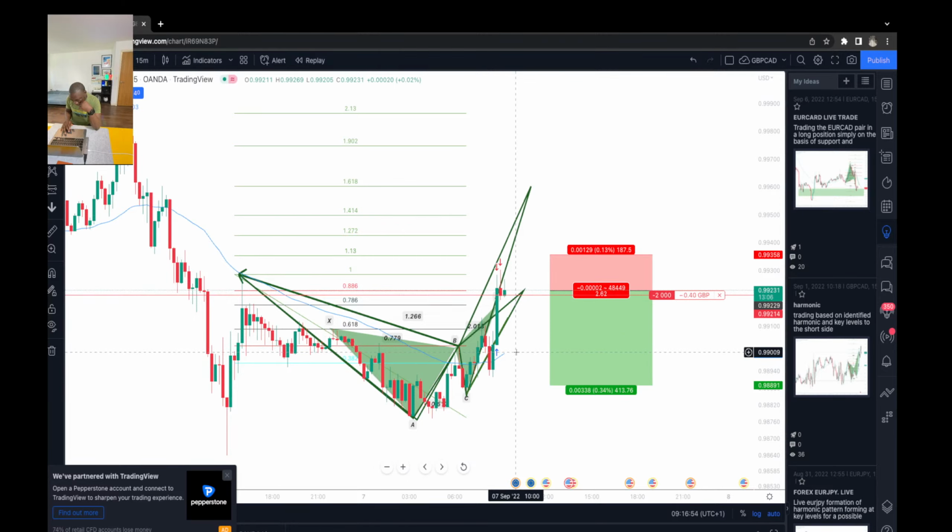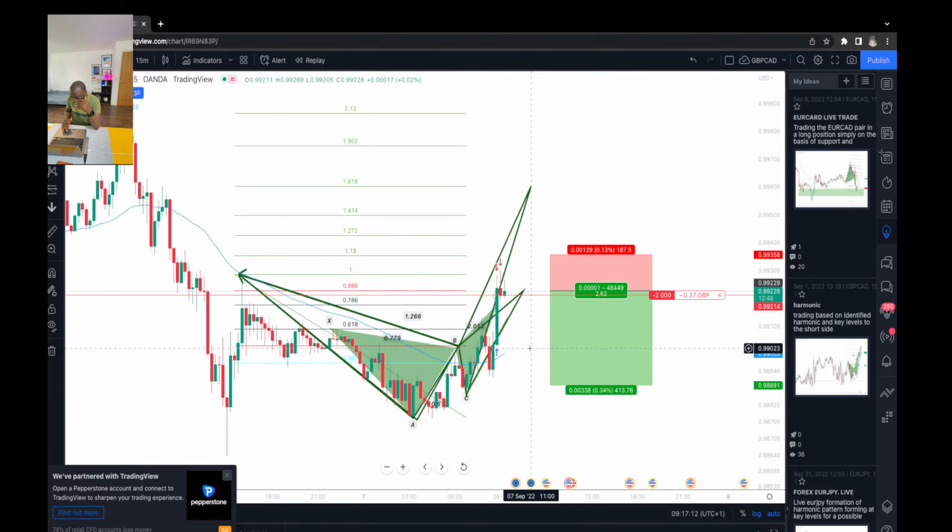The same sort of selling force that caused the prices to drop around here might take over here again. We'll see. I hope that's the case anyway. That's the beauty of trading live.